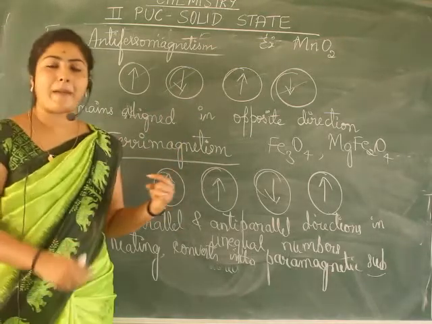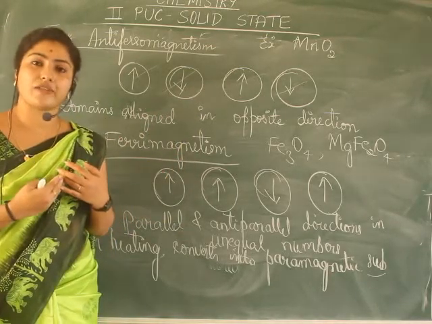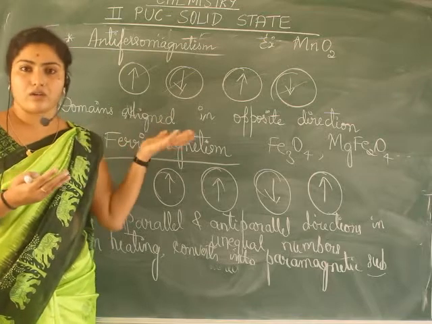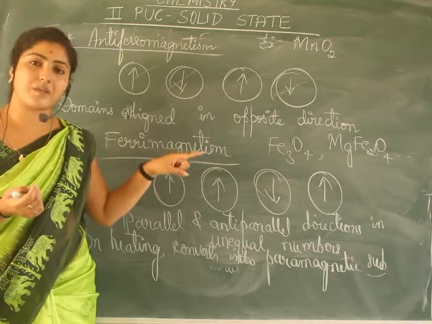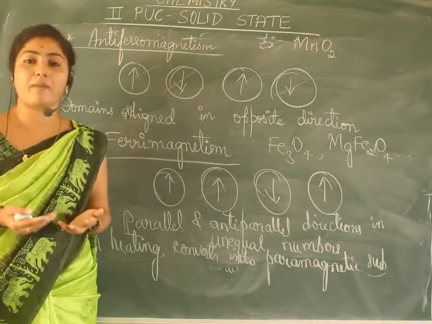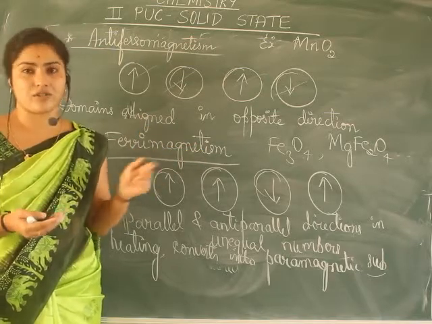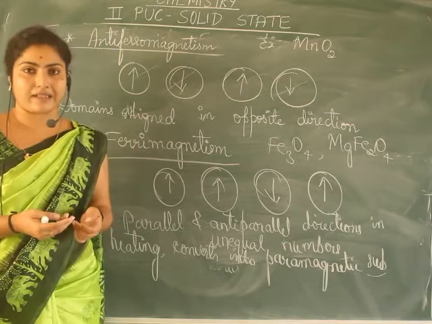The examples, you know: paramagnetic substances, due to unpaired electrons, show weak attraction towards the magnetic field. Diamagnetic substances, due to the presence of all paired electrons, show weak repulsion, or get weakly repelled by the magnetic field.